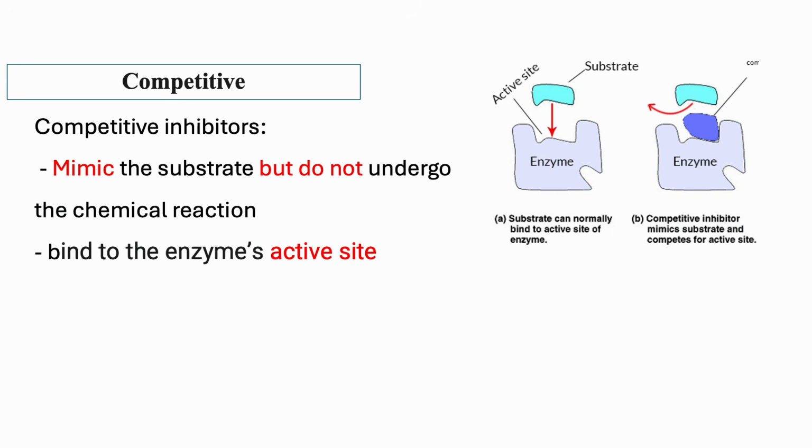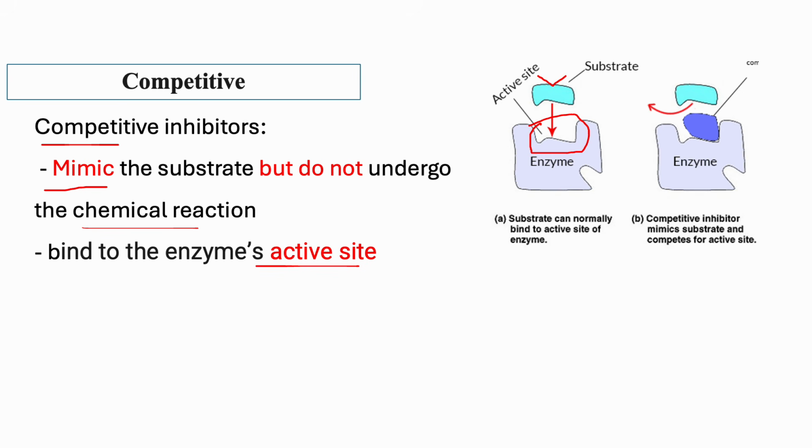Let's dig into competitive inhibitors. From the name you can easily identify, it competes with the substrate, that means it mimics the substrate but does not undergo the chemical reaction. It only mimics, and it also binds the active site. Look here, this is the substrate, and this is the active site and enzyme.